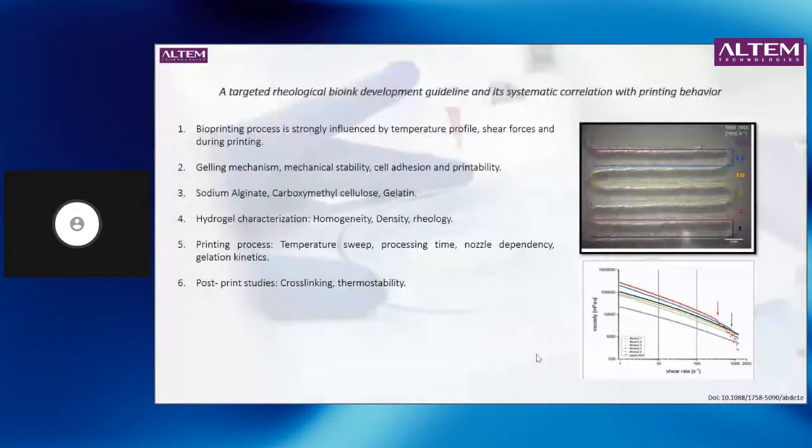In the printing process, you have to check the temperature sweep, the processing time, the dependency of the nozzle, and the gelation kinetics. Cross-linking studies and thermostability are also important to be considered when you have done printing with certain types of materials.